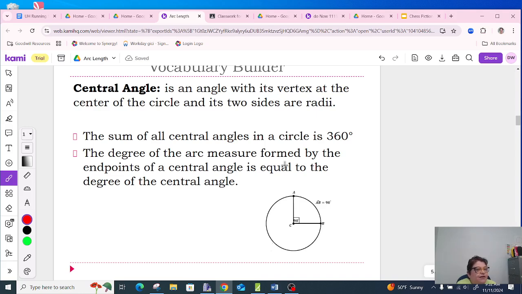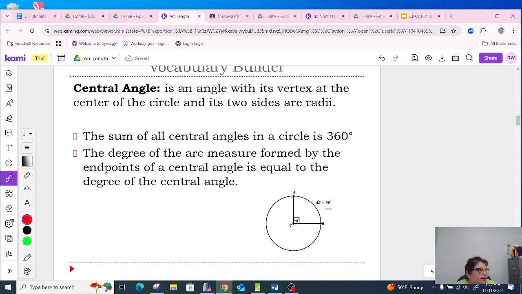The sum of all central angles in a circle is 360. The degree of an arc measure formed by the endpoints of the central angle is equal to the central angle. So if this is 90 degrees here, the arc it intercepts, that arc measure, is also 90 degrees.